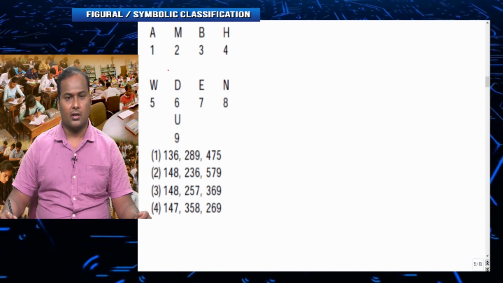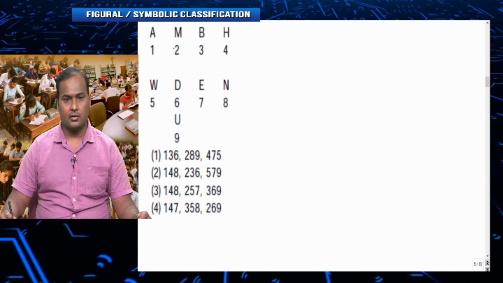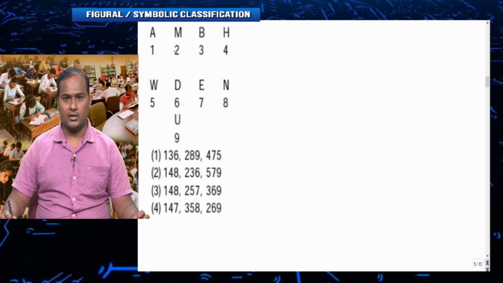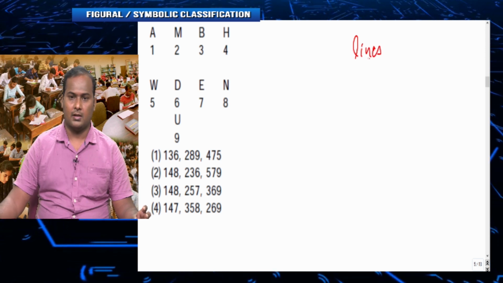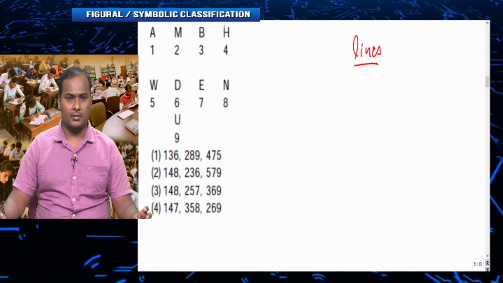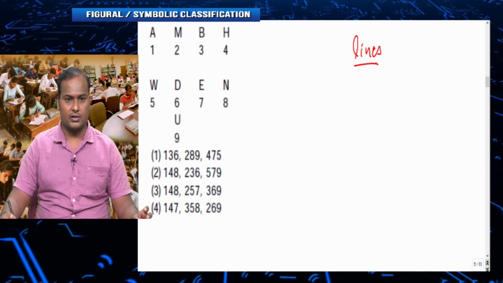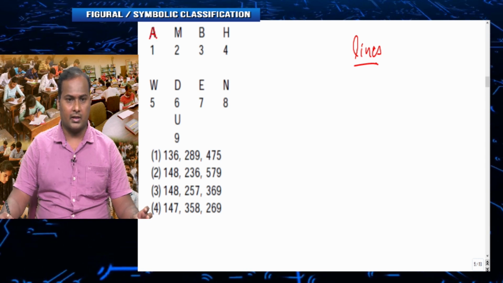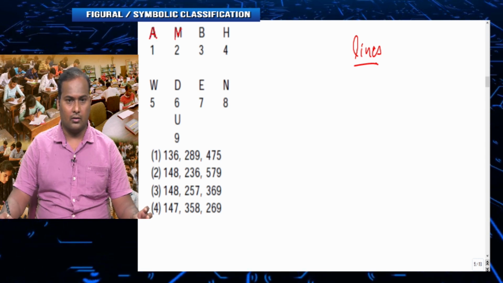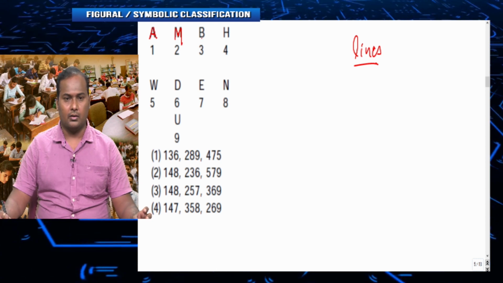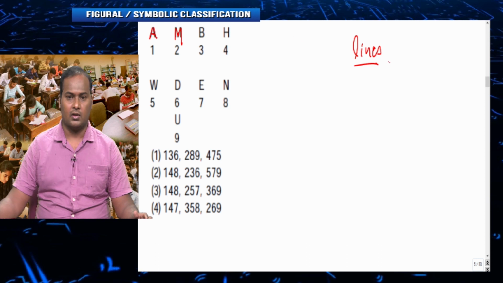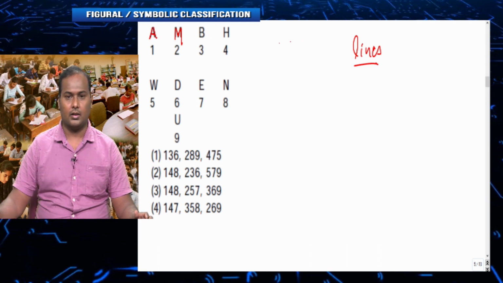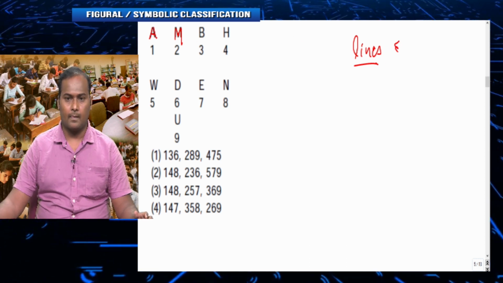But what I can see here are two things. One is lines. A has 3 lines, 1, 2, 3, whereas M has 1, 2, 3, 4 lines. But when you come to B, there are not only lines, there are also curves. So the character is lines and curves.